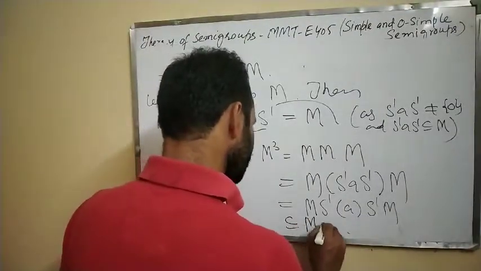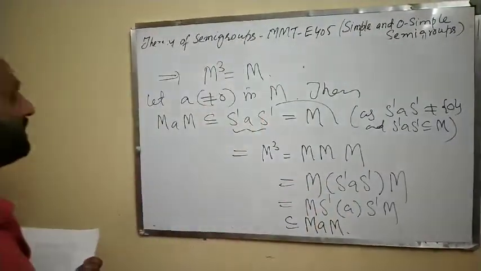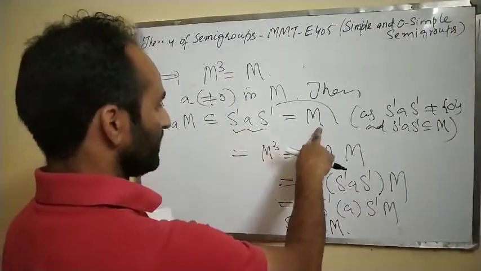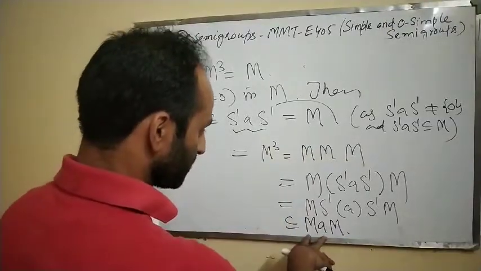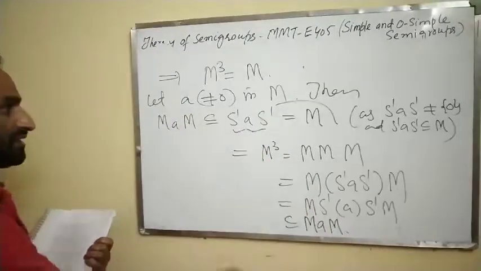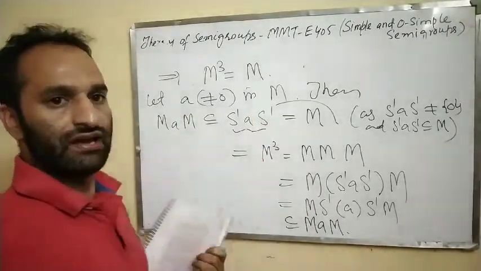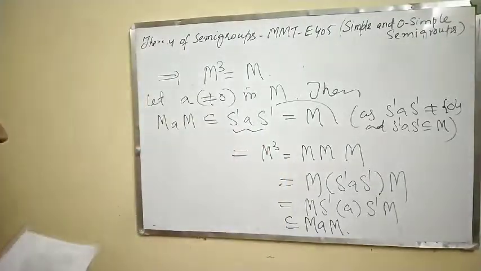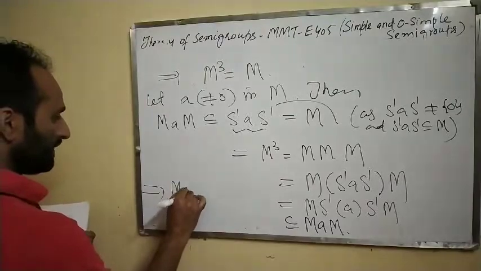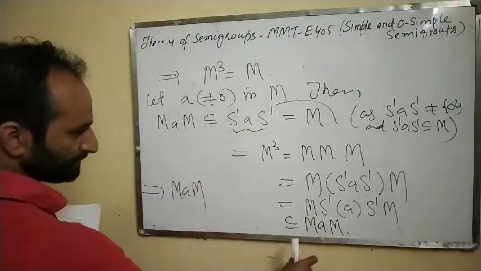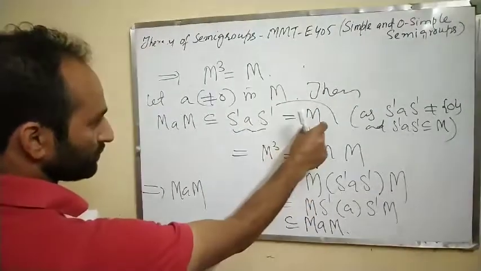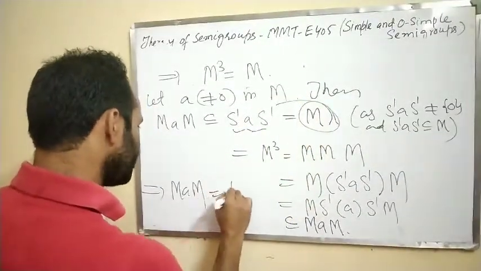So that means M A M, which is a subset of S1 A S1 equal to M cube, is again a subset of M A M. So this is not actually a proper inclusion, because it starts with M A M and ends with M A M, which implies that M A M is equal to any set in this chain. Let's choose this one, it's equal to M.